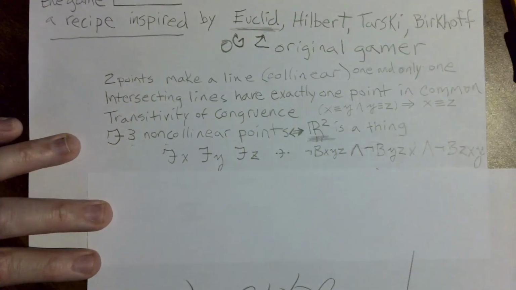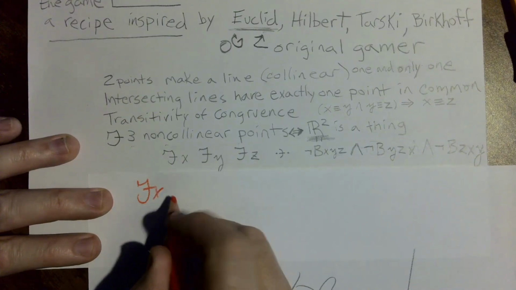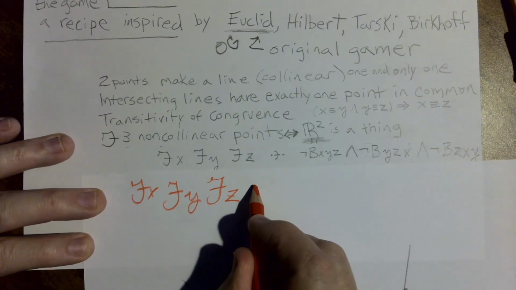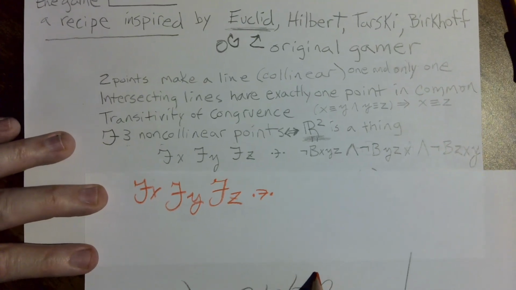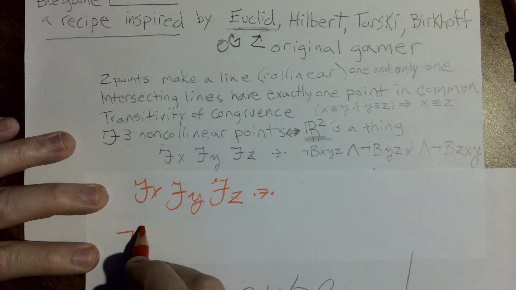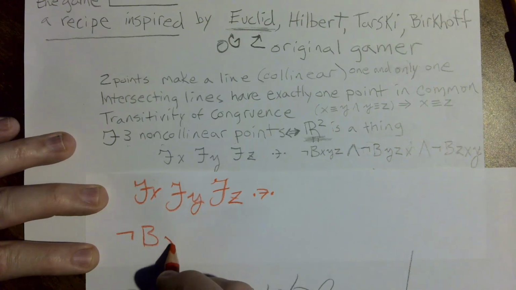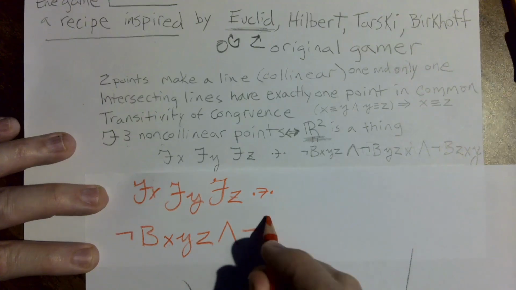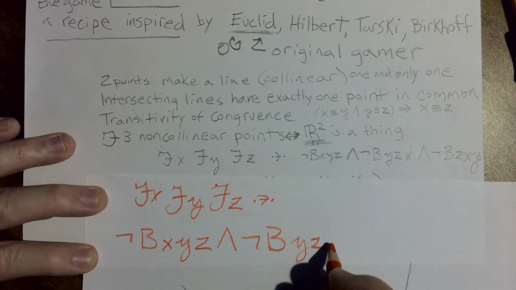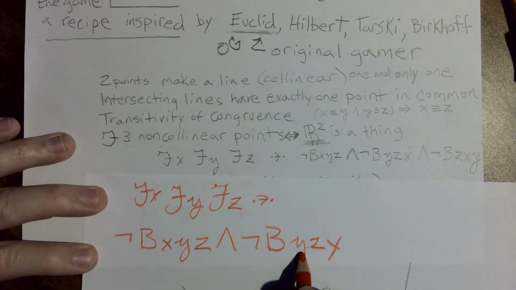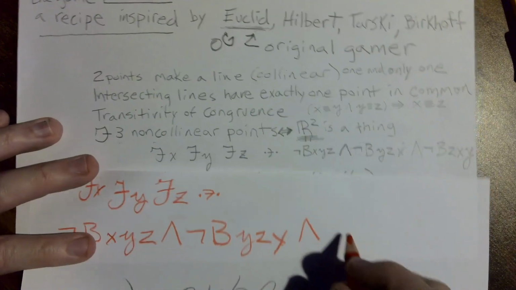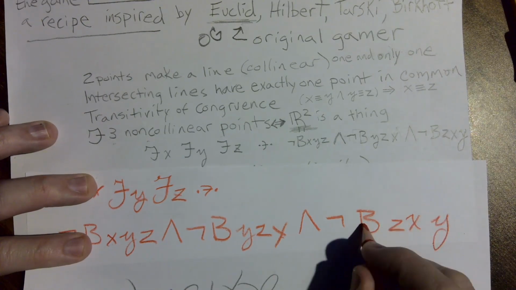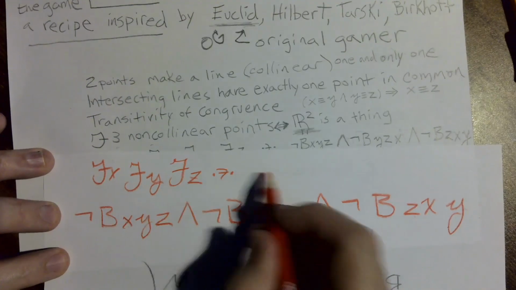In math, it'd be written like this. There exists X, there exists Y, there exists Z, such that it is not the case that Y is between X and Z, and not the case that Z is between Y and X, and not the case that X is between Z and Y. This is an axiom.